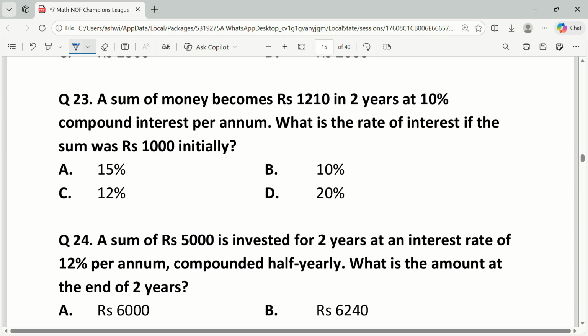A sum of money becomes rupees 1210 in 2 years at 10% compound interest per annum. What is the rate of interest if the sum was 1000 initially?